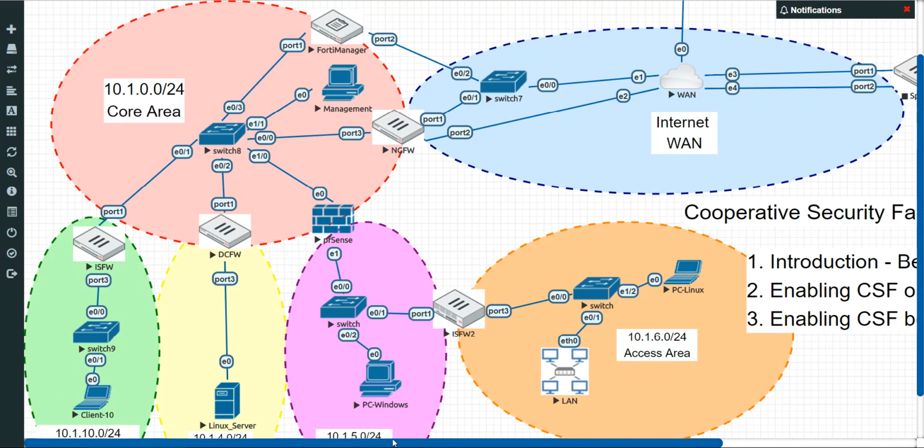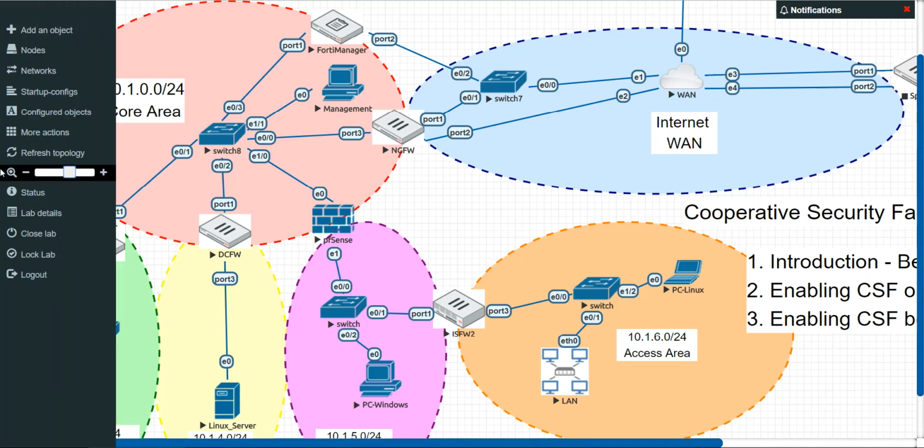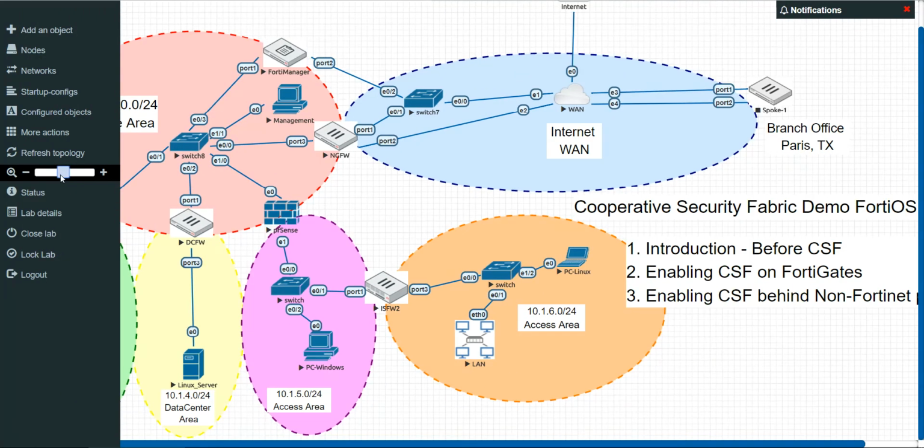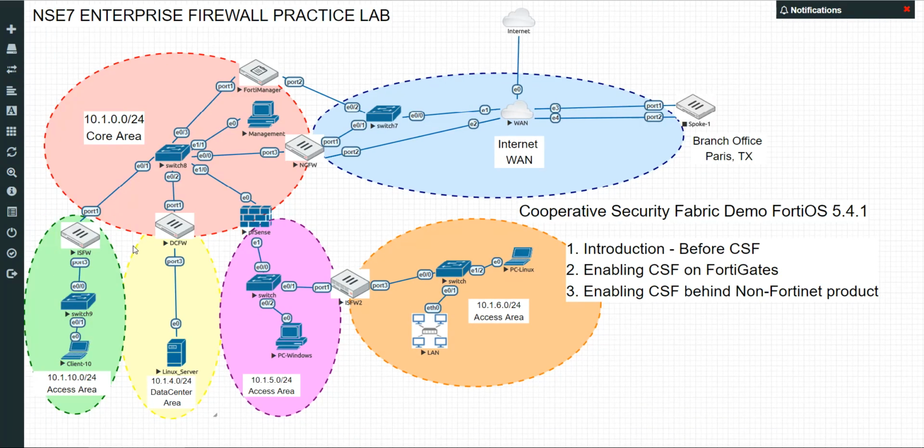In theory, it should tunnel using SSL back to the upstream FortiGates, but I haven't tried it myself, so I'd much rather try it and see what happens than read about it somewhere. So let's go ahead and begin configuring the security fabric.